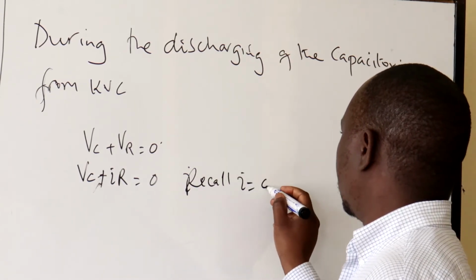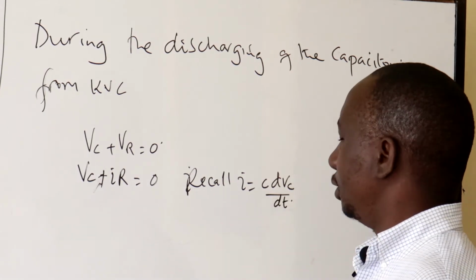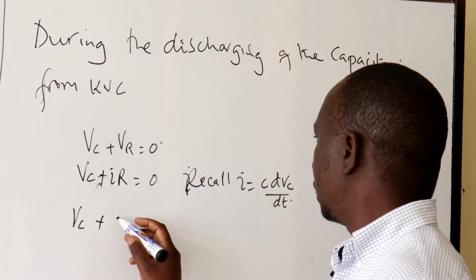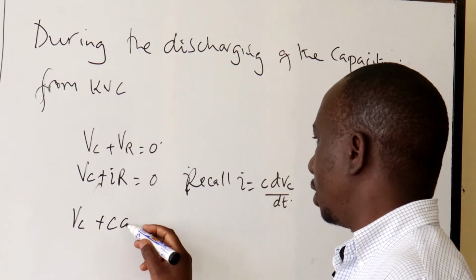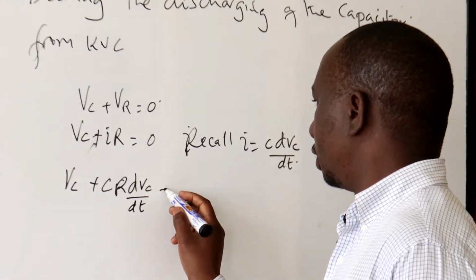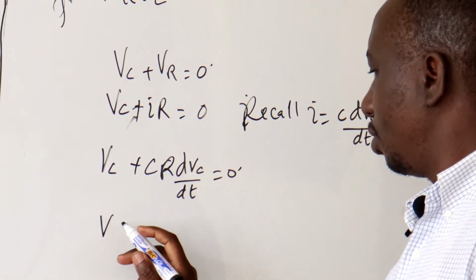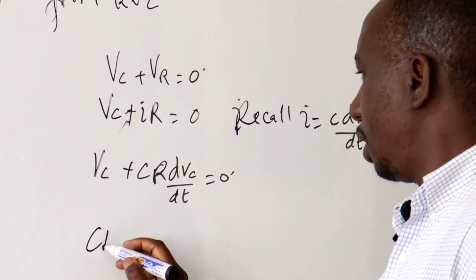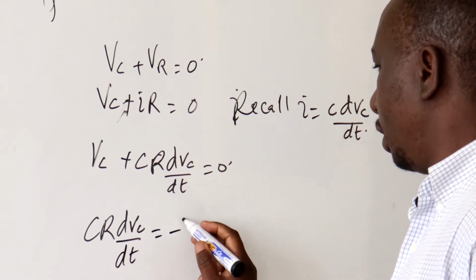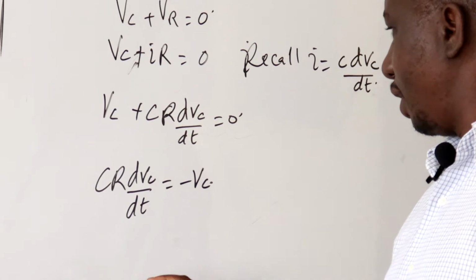I recall that I is supposed to be C dVC/dt. So VC plus CR dVC/dt is supposed to give us 0. So CR dVC/dt is equal to minus VC. So separate the variables.